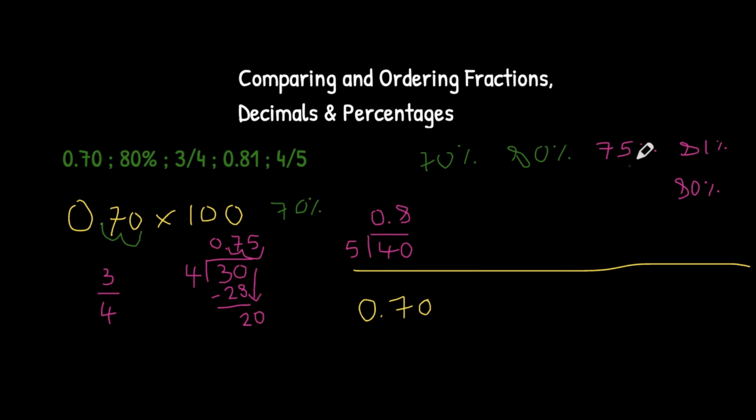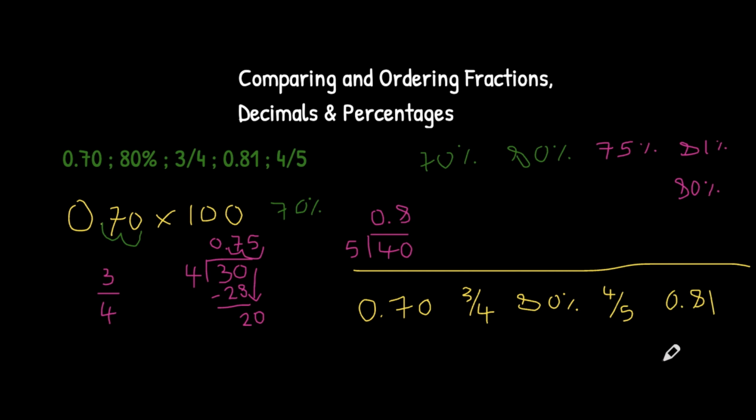Then the next one being the 75%, which is the 3/4. Then the next one being the 80% and the 4/5. So 80% and our 4/5, and the last one being 0.81.